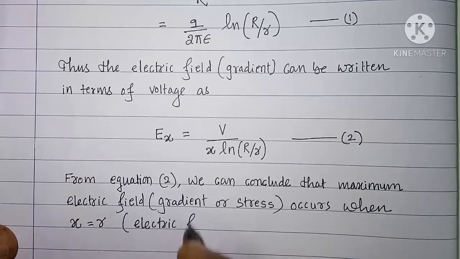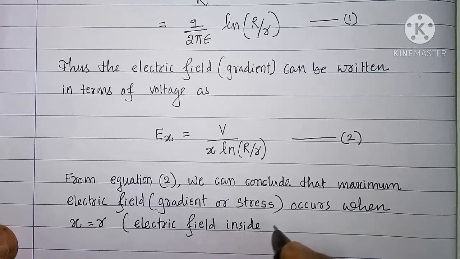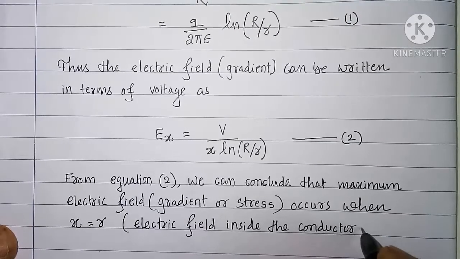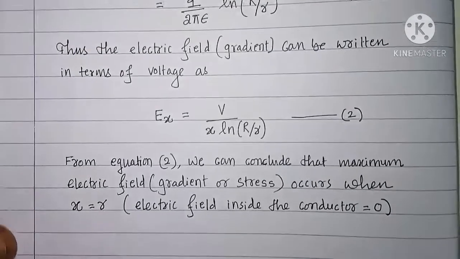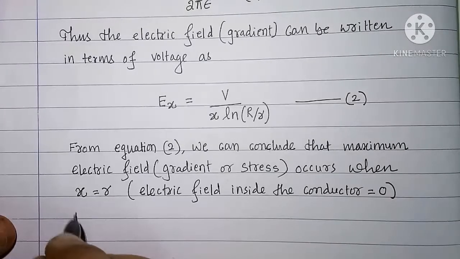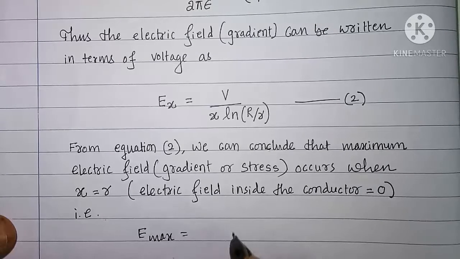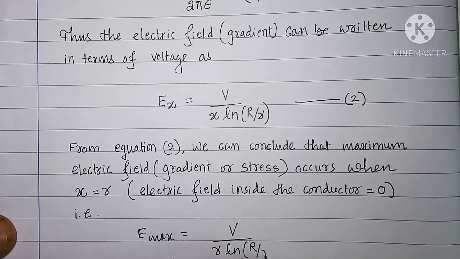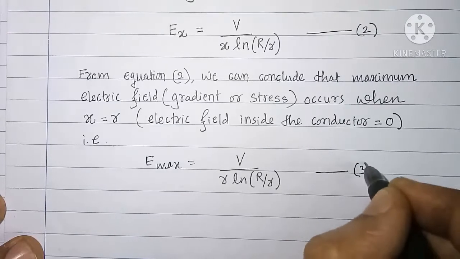Remember, electric field inside the conductor is equal to 0. That is, E max is equal to V by small r into ln of capital R by small r. Let us call this as now equation 3.